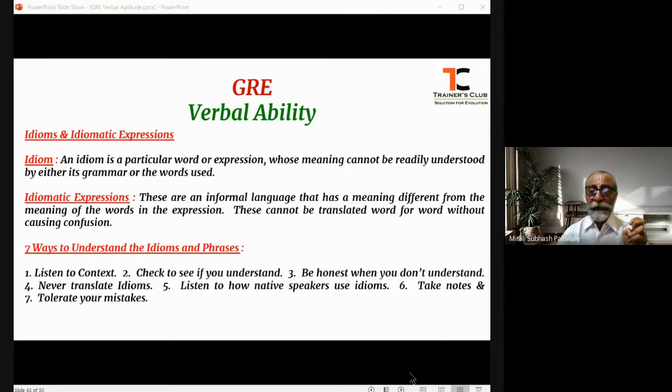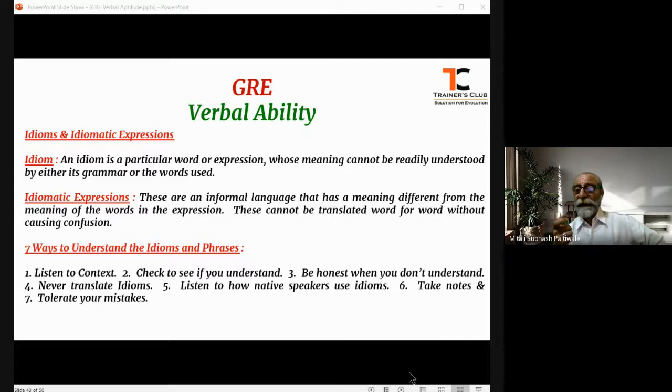This cannot be translated word for word without causing confusion. If you have to translate an idiomatic expression, or an idiom or a phrase into some other language, you cannot simply translate word by word to the other language.